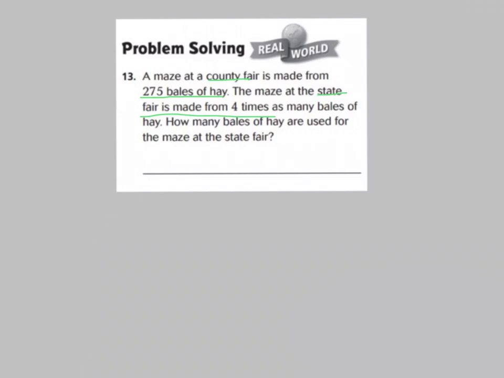How many bales of hay are used for the maze at the state fair? It's wanting to know. So I know that I can take my 275 bales of hay, which is at the county fair, but there's 4 times as many bales of hay at the state fair, and that's the number I want to find. I can use partial product and place value to help me find this answer.